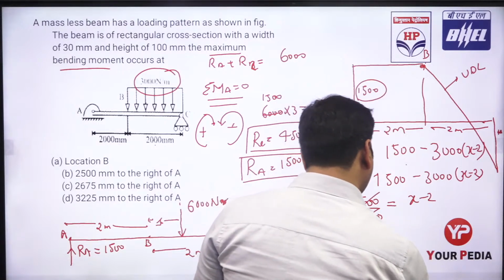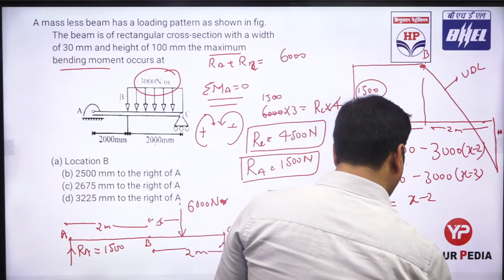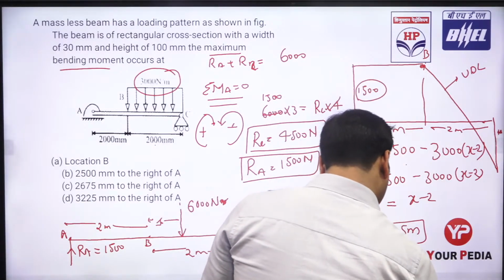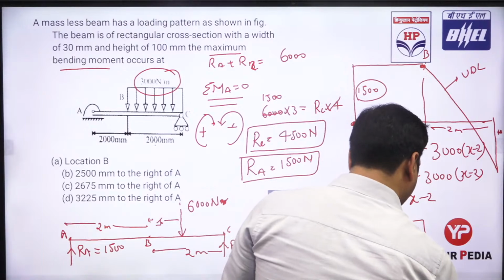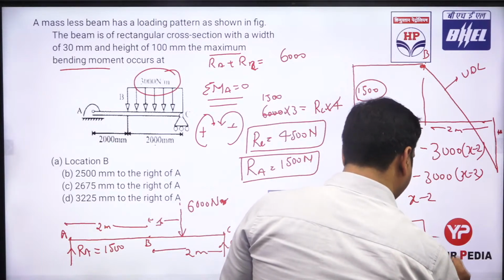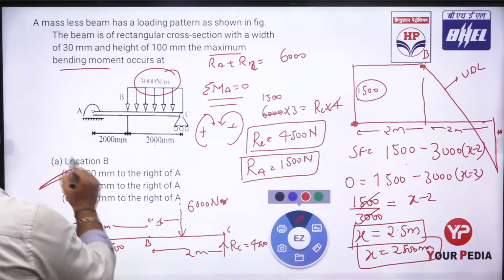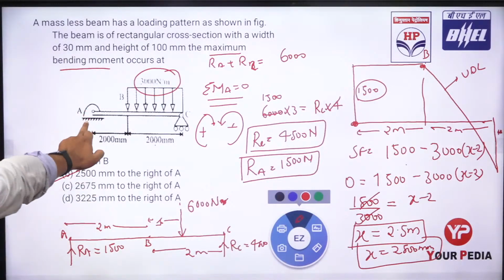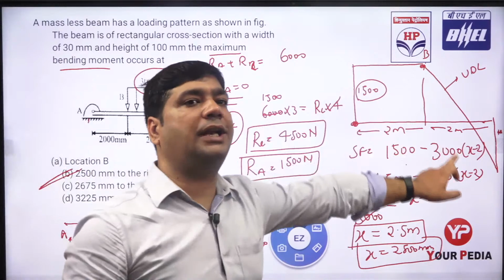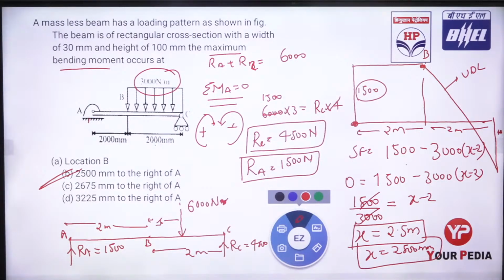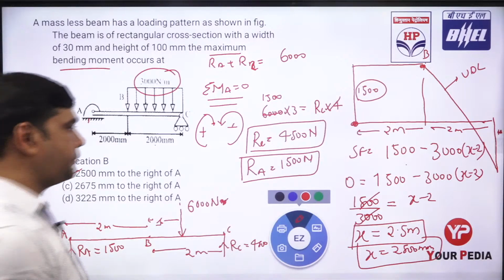So the x value equals 2.5 meter, which is 2500 mm. Okay, so that is the option, because this is also asking from the left hand side, so I directly calculate from the left hand side, not taking the right hand side. Is this clear to you? Okay, good.